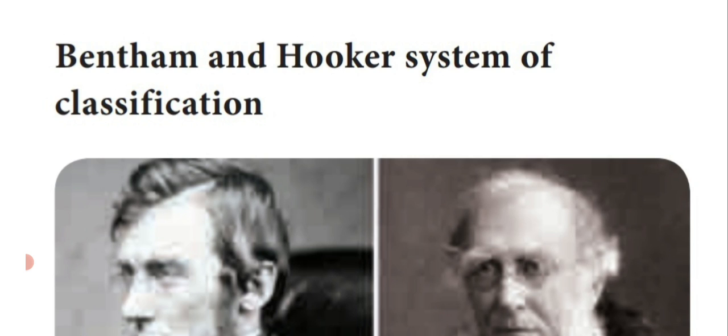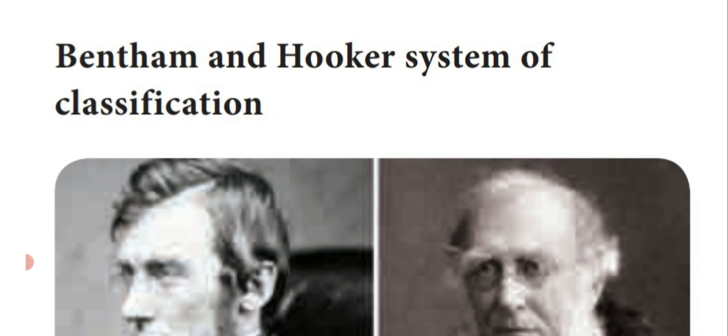Another disadvantage is he has not taken the characters from the natural or phylogenetic relationship among the group of plants. Okay, that is the answer for write the disadvantages of artificial system of classification.